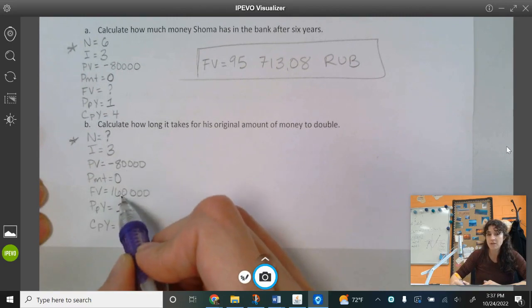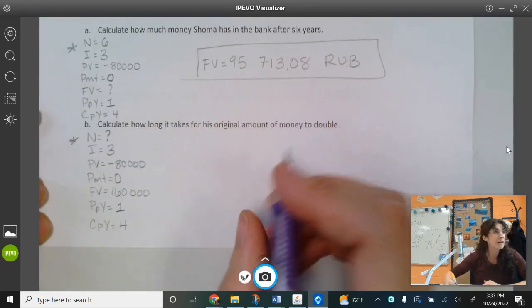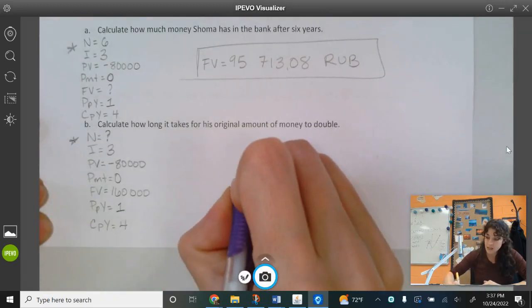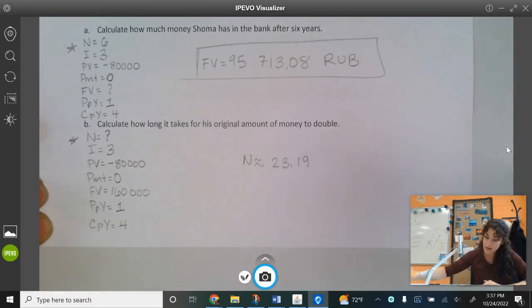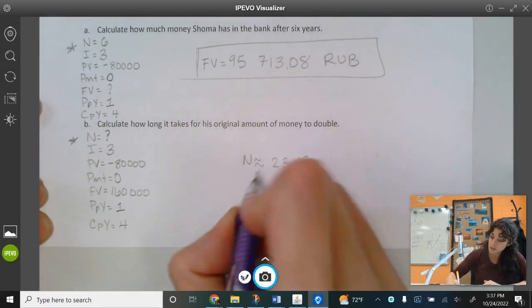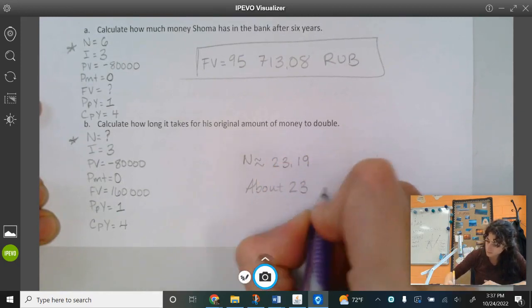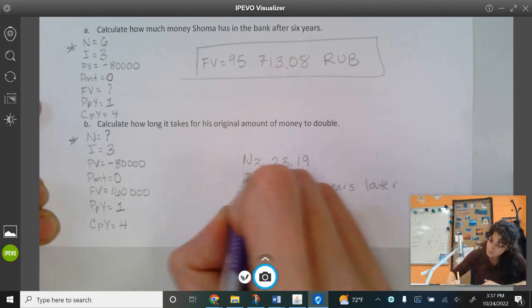If you have a present value and a final value, you need to make sure that those are flipped. One's positive and one's negative, or else they might give you a different answer. So you need to clear n first, and then you would get that n is approximately 23.19. So it's about 23 years later. Is the answer.